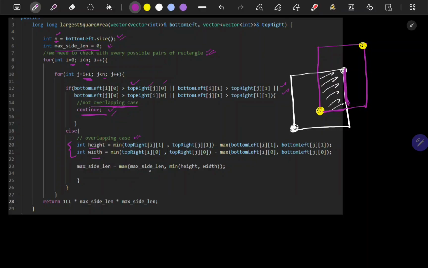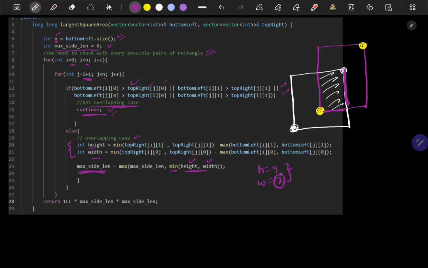Now, to get the square side length, we are searching for the maximum side of a square. So for this height and width we will take the minimum. Let's say height came 4, width came 2. This can't fully make a square, right?